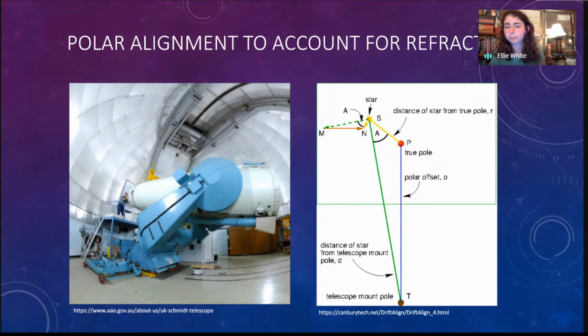Basically, that consists of setting your alignment to a star, which you would determine from your site to fall at the pole, accounting for refraction. That's a bit more complicated, but there are a lot of really good resources out there to tell you how to do that. And again, all of this depends on what degree of accuracy you need for your observing.